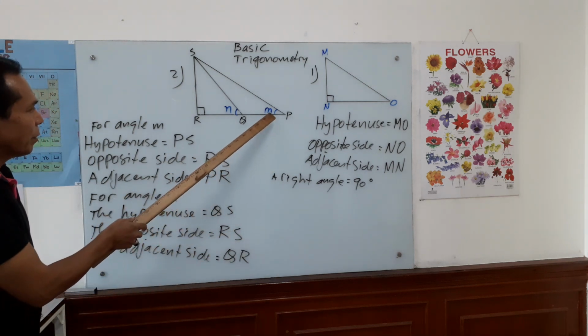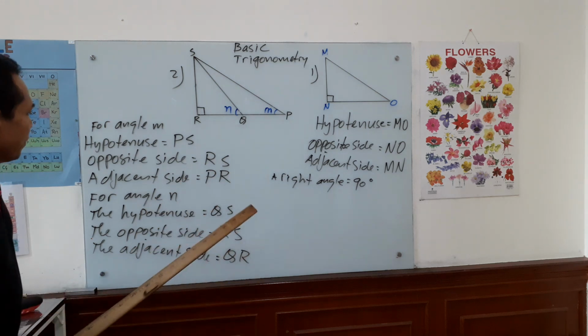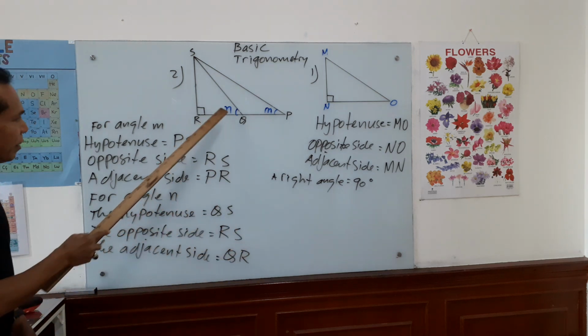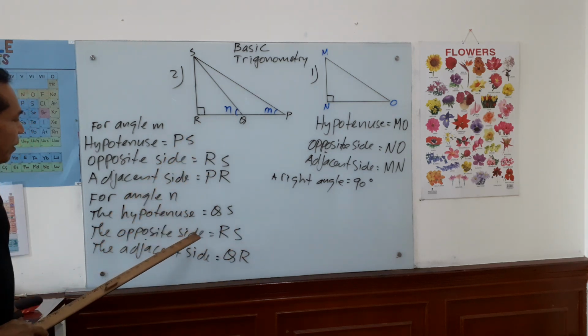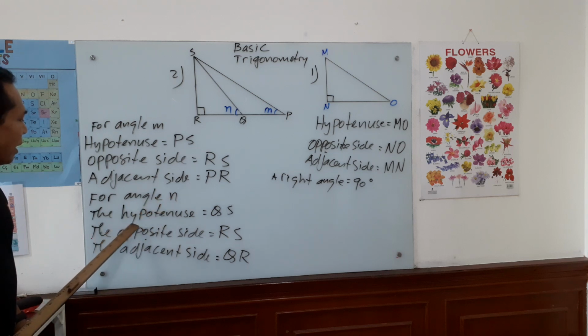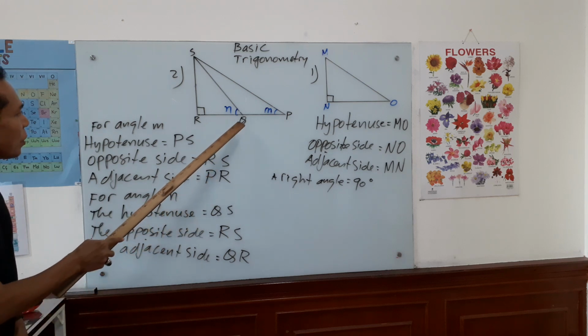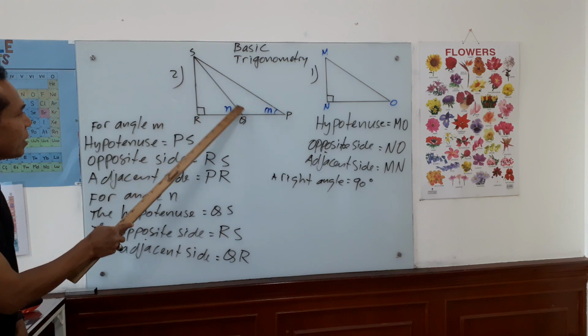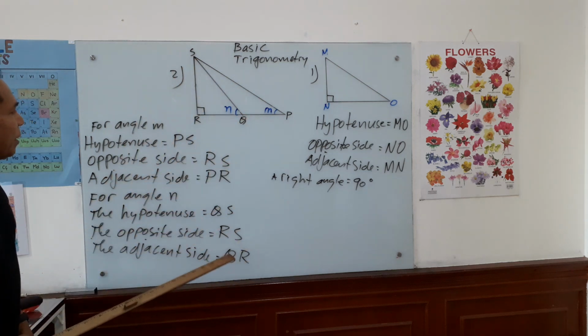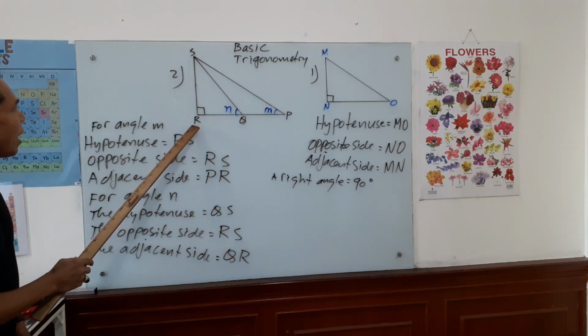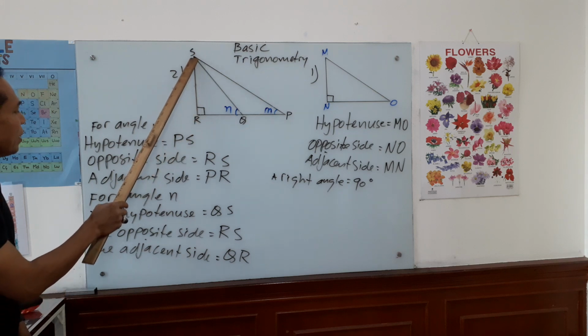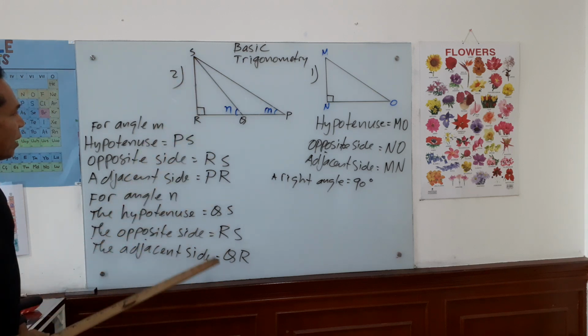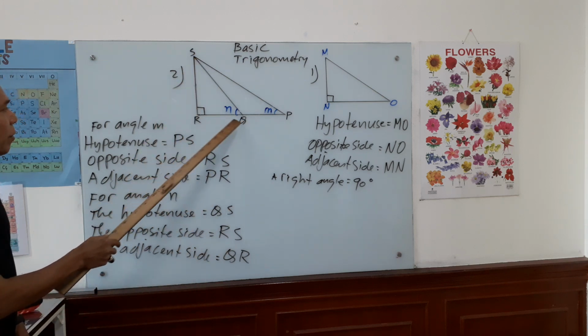Okay, for angle N. Now we look at angle N, which is in here. Angle N, the hypotenuse is QS. This is the sloping side here, QS. And the opposite side is RS. RS is here. And the adjacent side is QR, from here to here.